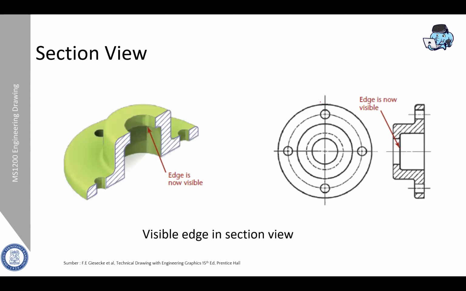In the section view, the edge is now visible. Previously, we could not see this edge in the standard projection. But after we make a section and draw the section view, this edge is visible. That's why we draw this edge with a full line.